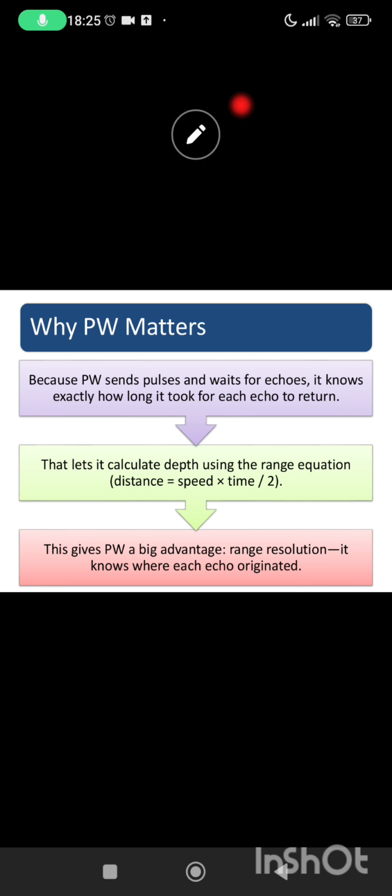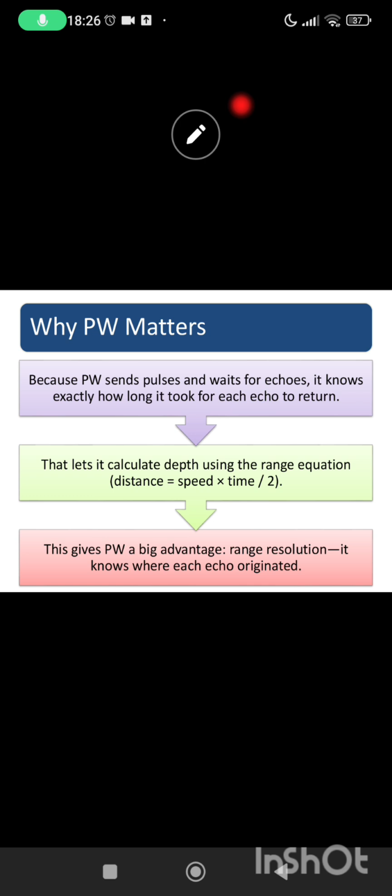Then the depth is calculated using the range equation, where distance equals speed times time divided by 2, because it goes and comes. Being that there is excellent range resolution, the receiver processes the Doppler shift when the gate is open. So it opens and closes at a very specific time.